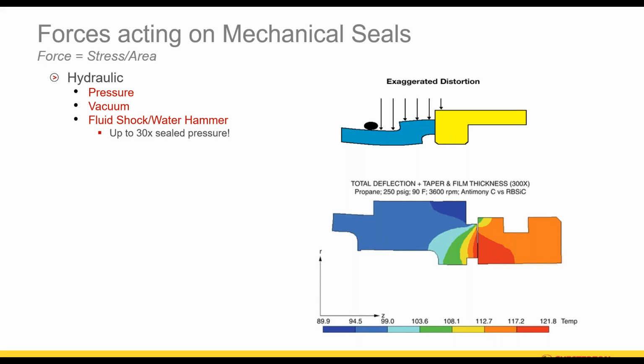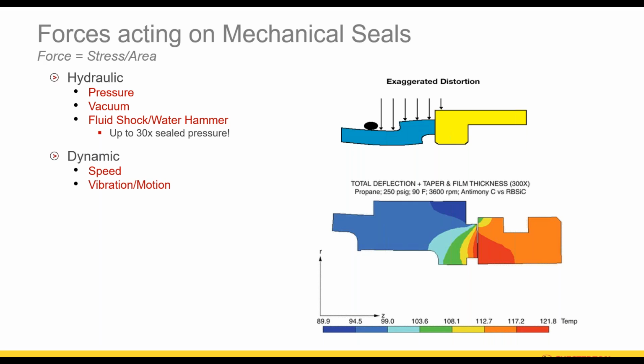So think about that. If you're operating a seal at 100 PSI and it sees a 30 times pressure wave increase for a very short period of time, that seal's now seeing 3000 PSI. It's less than a second, but it's there, it's that hammer, and that can cause damage.